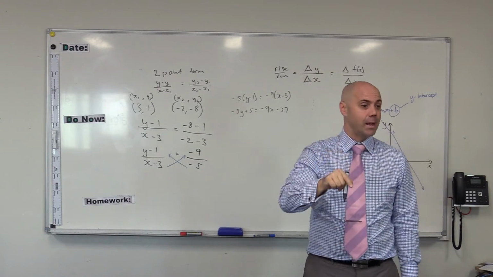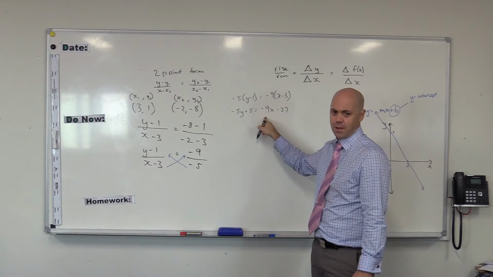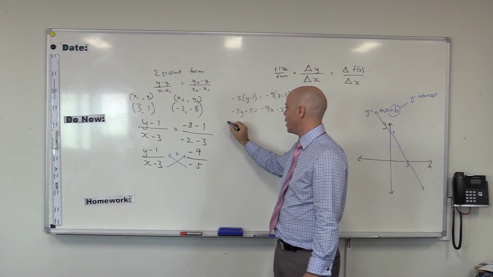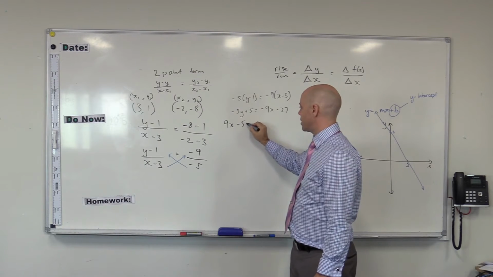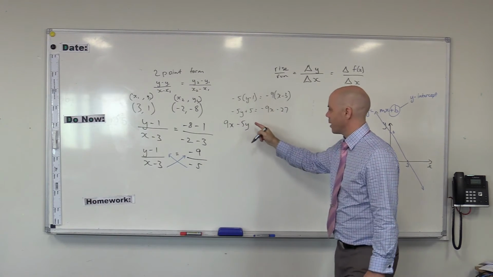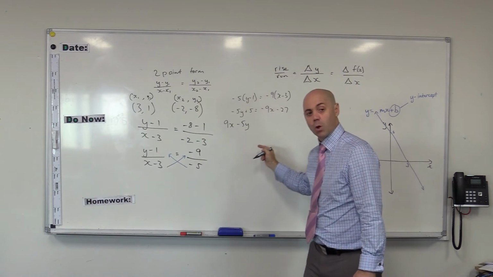And making sure the x term is positive. At the moment, the x term is negative, so let's move it to the other side. 9x, the 5y stays where it is, the minus 5y, and I've got a plus 5 already on that side, but I've got to get this 27 onto that side too.